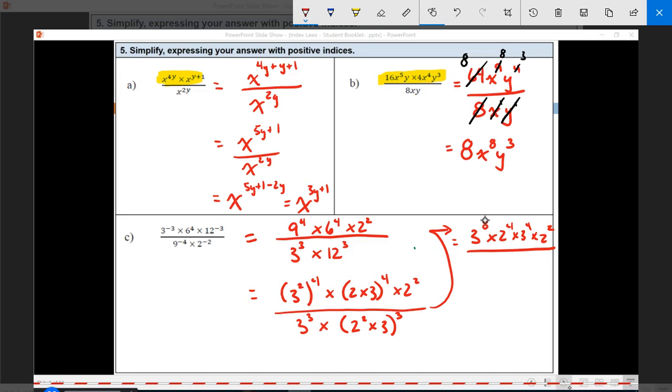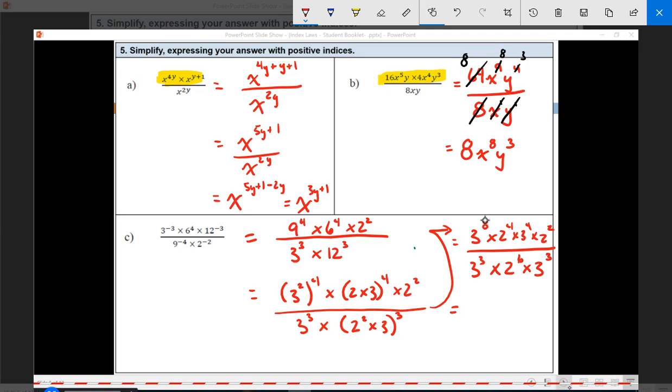This stays 3 cubed. I need to distribute this cube to both the 2 squared and the 3. So that's going to be 2 to the 6, 3 to the 3. I'm not adding them, I'm multiplying them. Now, guys, what I'm going to do is simplify the top and simplify the bottom.